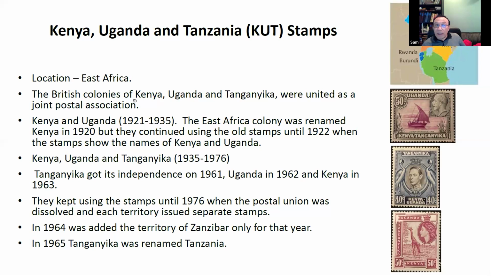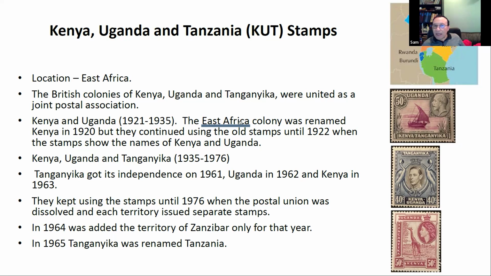These British colonies never were really merged. They were just united as a postal association, so only for postal purposes. First it was only Kenya and Uganda from 1921. The stamps issued in 1921 actually show East Africa.